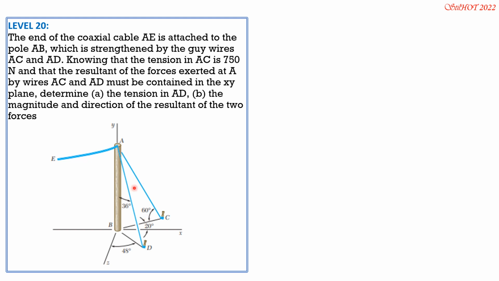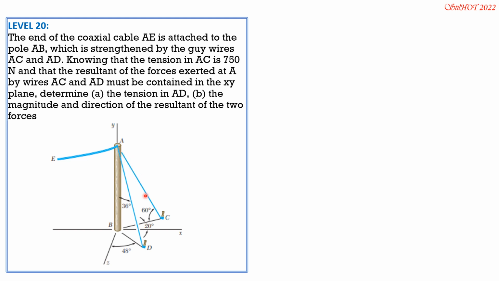So for the X component, because tension is from A to C, we compute this component first. It is T, 750 cosine of 60, then this is the X component, so times adjacent to 20, so times cosine of 20. It is positive 750 cosine of 60, this value here along BC, then times cosine of 20, positive towards the x-axis.